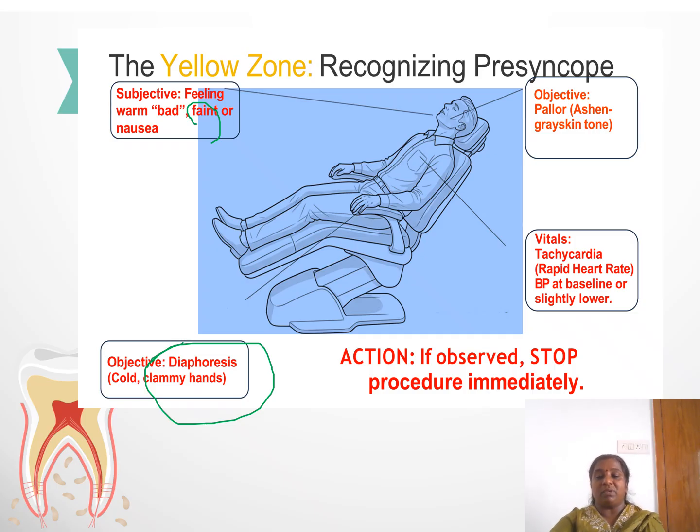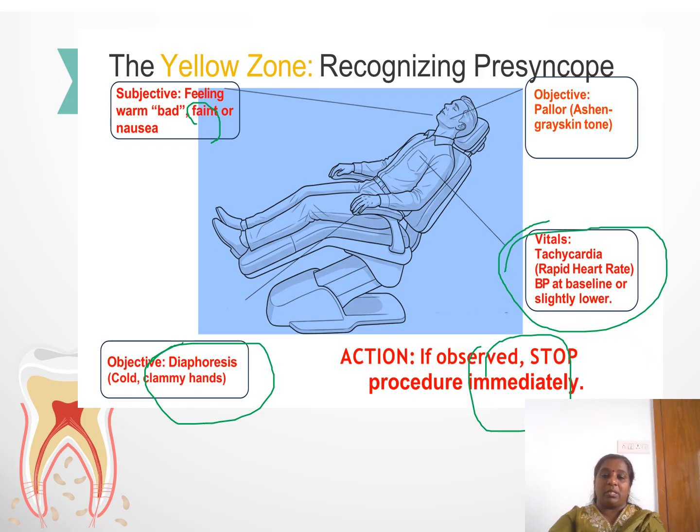The vitals: when we check the vitals of the patient, the heart rate increases. A sudden rapid rise in heart rate occurs and BP also starts rising from the baseline. So if we find most of these symptoms in the patient, the best thing is to stop the procedure. Immediately stop the procedure.